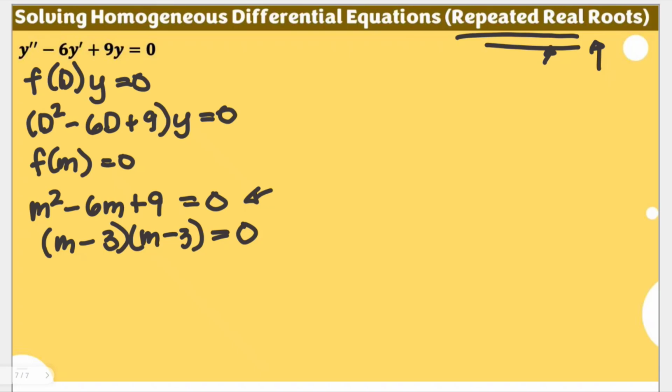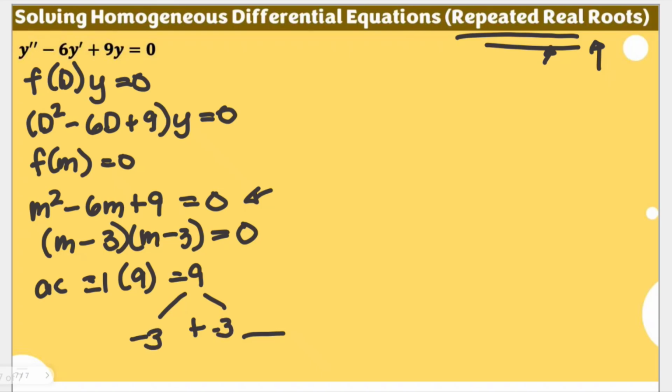Or you could also use the AC method, where you have 1 times 9 is equal to 9. Factors of 9, when added, should result in the middle term of minus 6. Of course, you could have 9 times 1, negative 1 times 9, 3 times 3, but you will use negative 3 times negative 3, because negative 3 times negative 3 is positive 9, and when you add them up, that's minus 6.